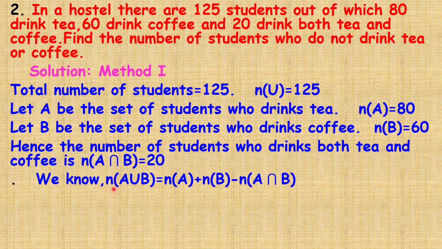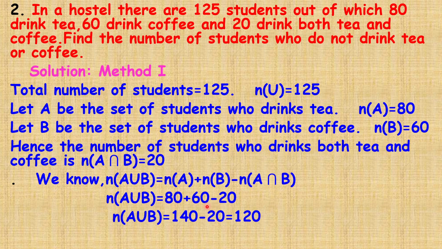We know the formula. The number of elements in A union B is equal to the number of elements in set A plus the number of elements in set B minus the number of elements in A intersection B. If we put the values, the number of elements in set A is 80, in set B is 60, and in A intersection B is 20. 80 plus 60 is 140, minus 20 is 120.